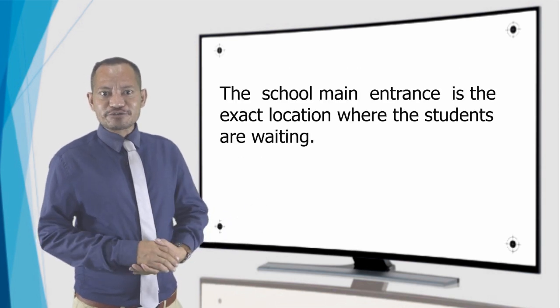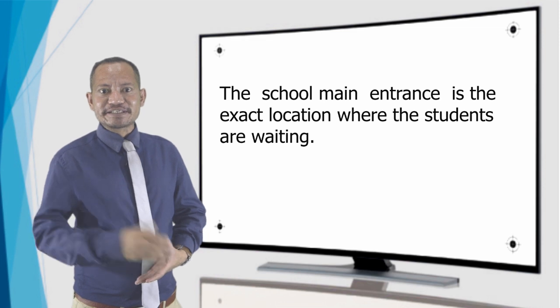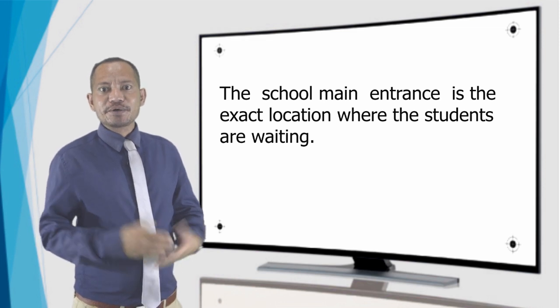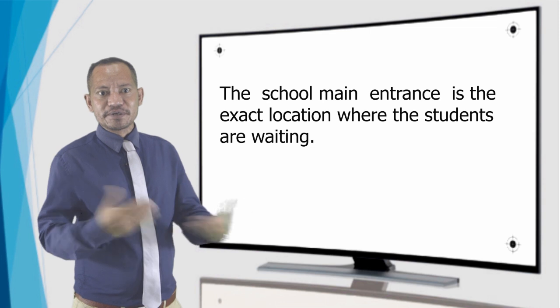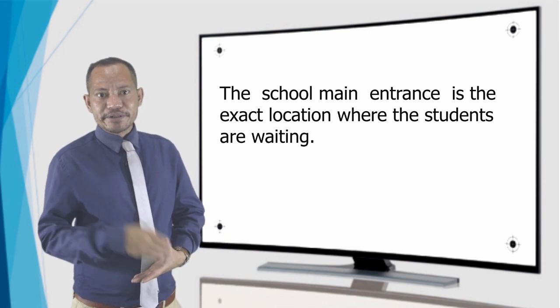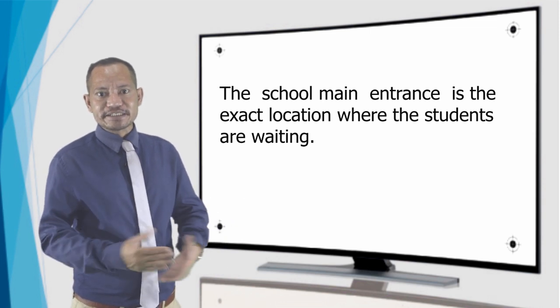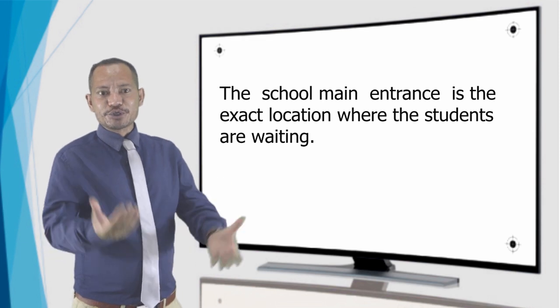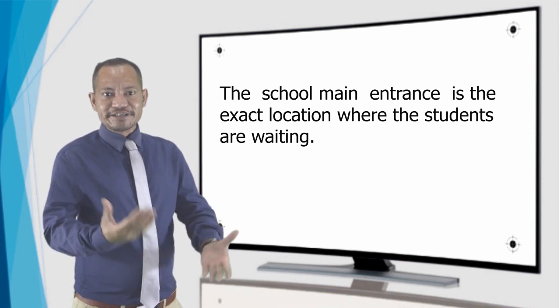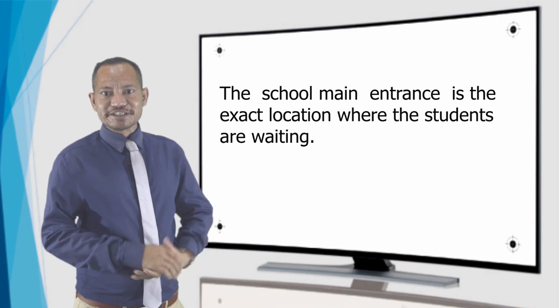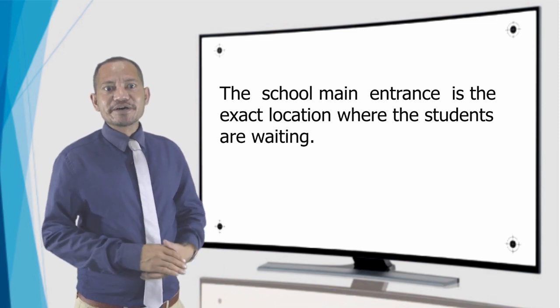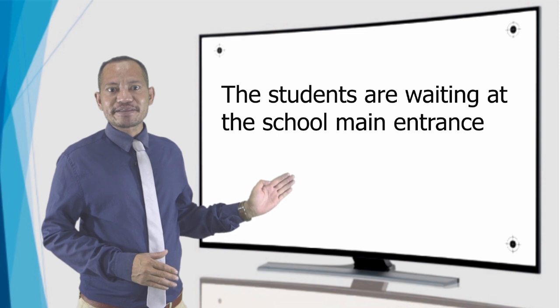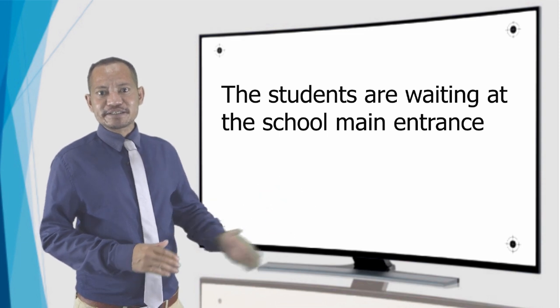The school main entrance is the exact position where the students are waiting. So in this sentence, the preposition at indicates that the school main entrance is the exact location where the students are waiting.